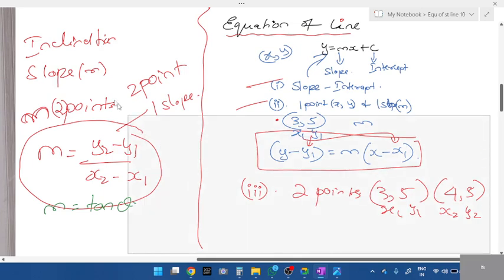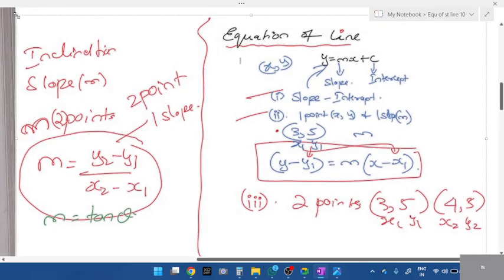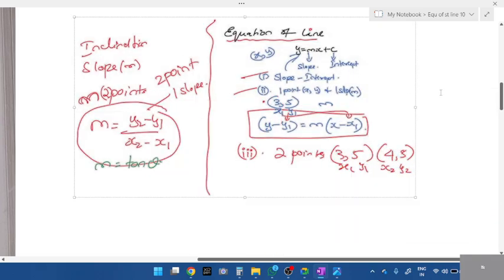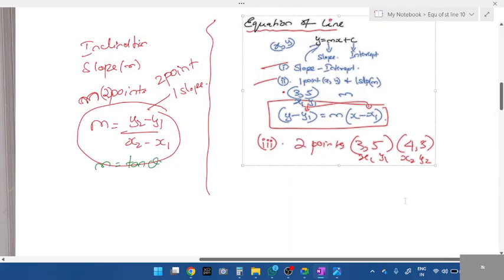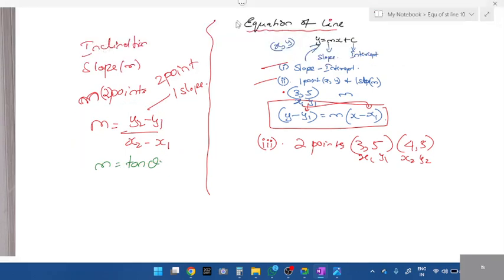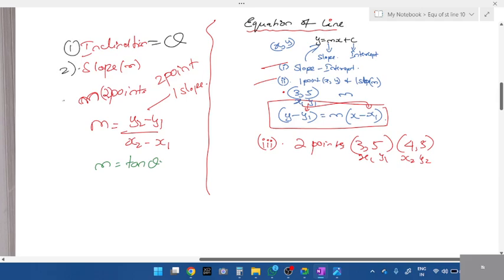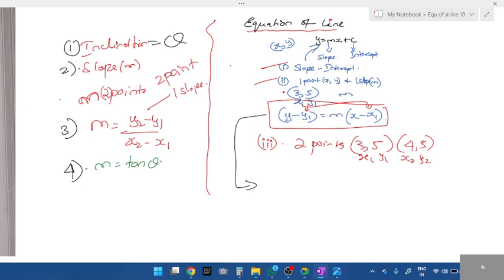That's it. Last formula, and we are done with the concept. We just need to solve the questions. Write it, students. All of you will write this.